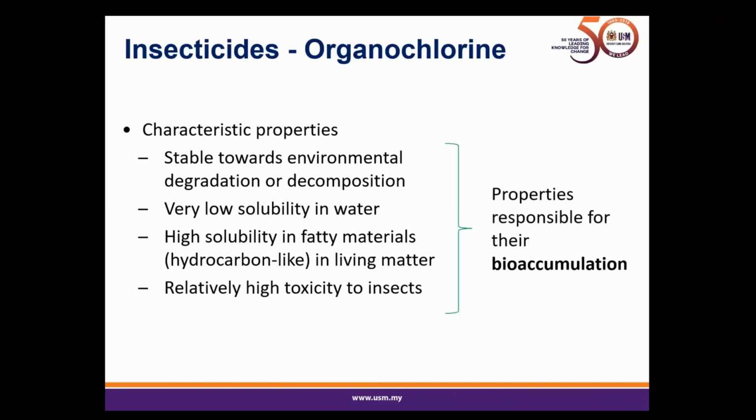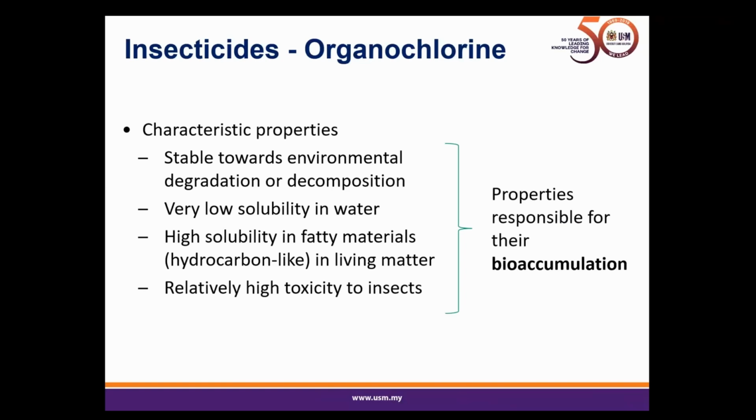These characteristics, being stable, persistent, having very low solubility in water and high solubility in fatty material, are the properties behind bioaccumulation. What is bioaccumulation? They tend to concentrate in hydrocarbon-like living matter, which is the fatty tissue.